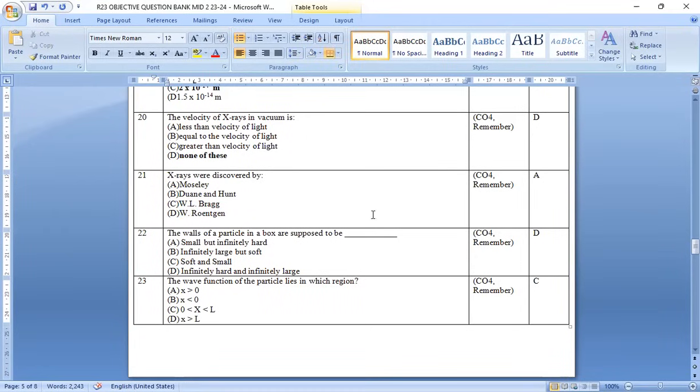We can change the question, then option C is correct answer. X-ray diffraction was discovered by Bragg. Option C is the right answer now.